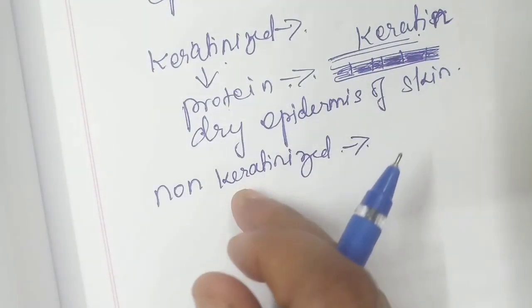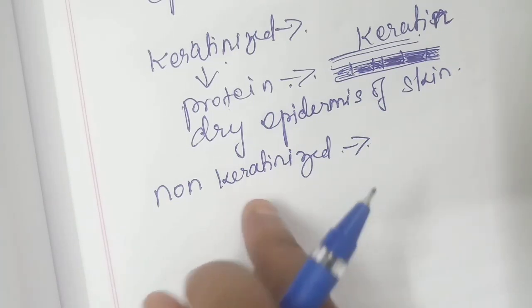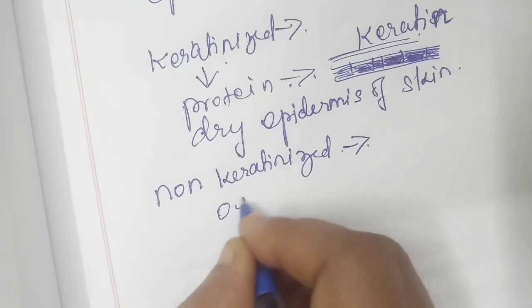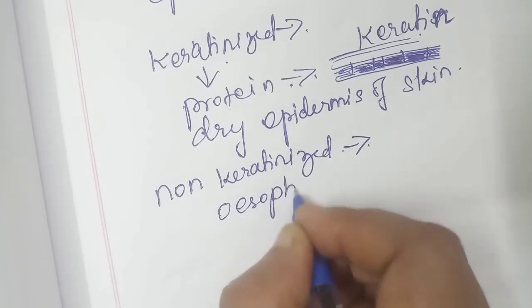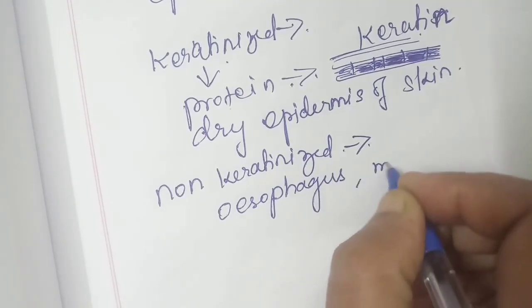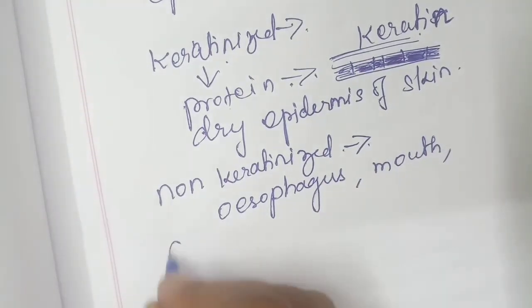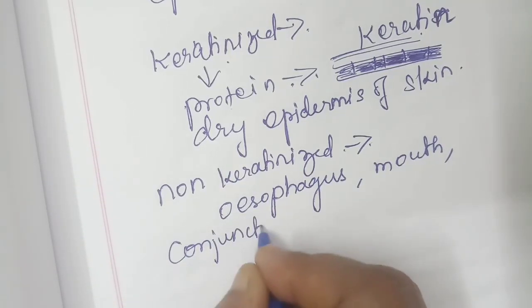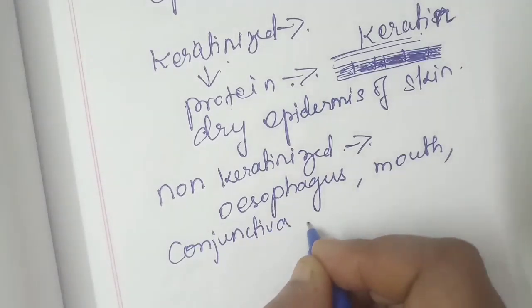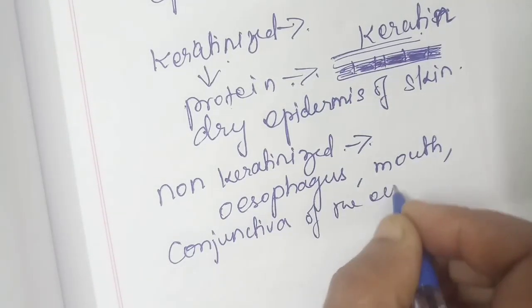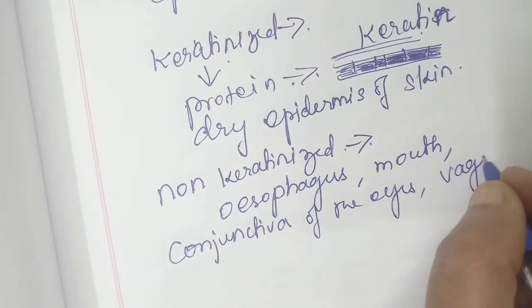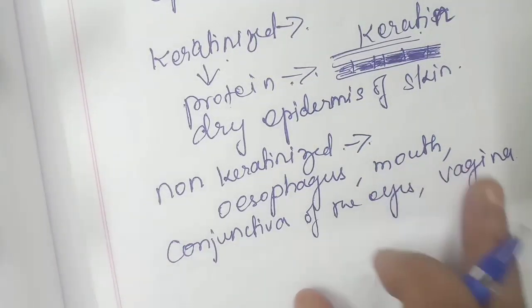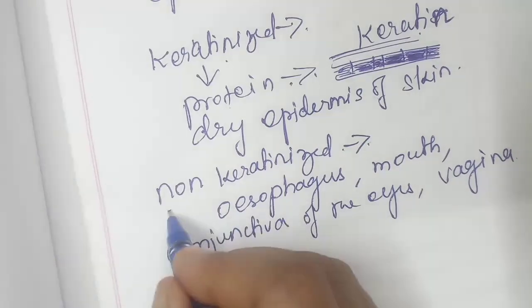Non-keratinized means it is not filled with keratin, but still squamous epithelium with many layers. They are found in the lining of the esophagus, the food pipe, the mouth, the conjunctiva, the thin transparent outermost covering of the eye, and the vagina, in the female reproductive part. These are all made up of the non-keratinized type.